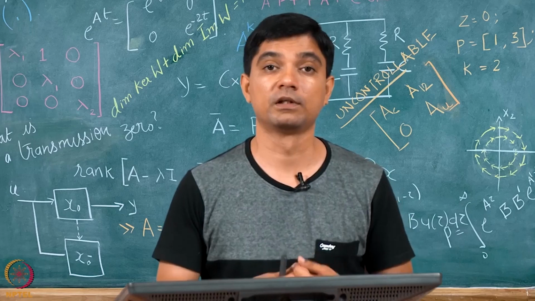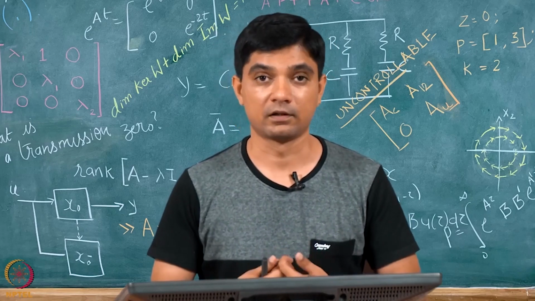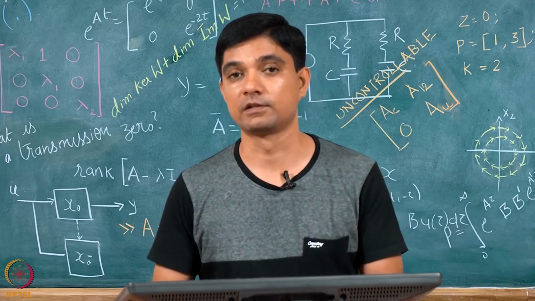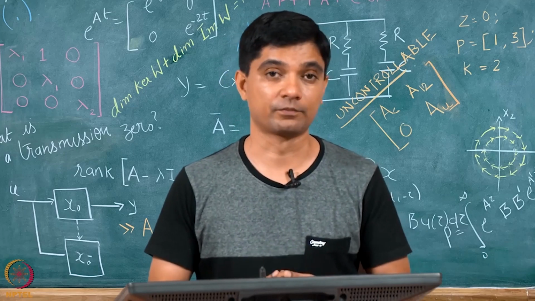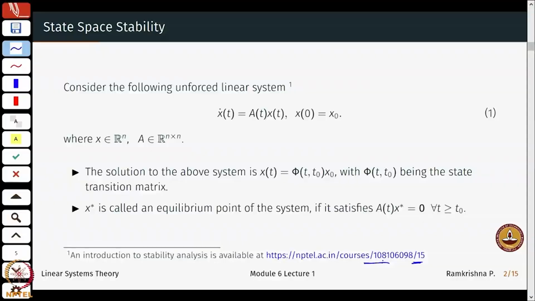more related to the kind of solutions we computed for the system of linear equations, starting from the concept of a state transition matrix. For this class of systems, the solution is given by x of t equals phi, the state transition matrix, times an initial condition.